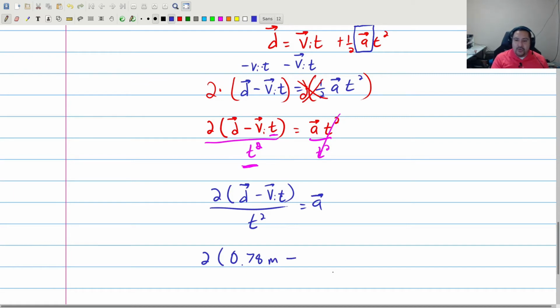Well, v initial was 0 meters per second. Times, what was our time? 4.05 seconds. All divided by 4.05 seconds squared.